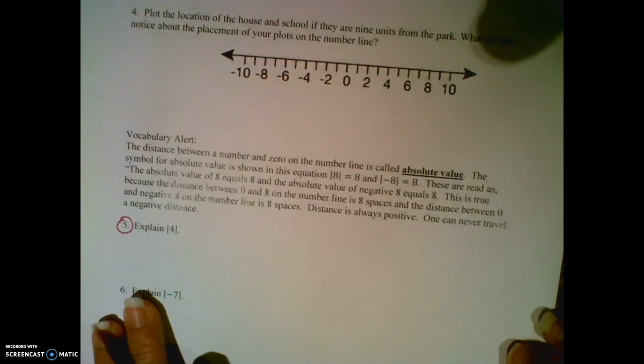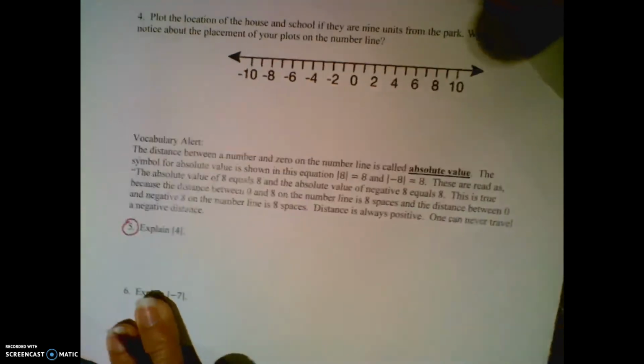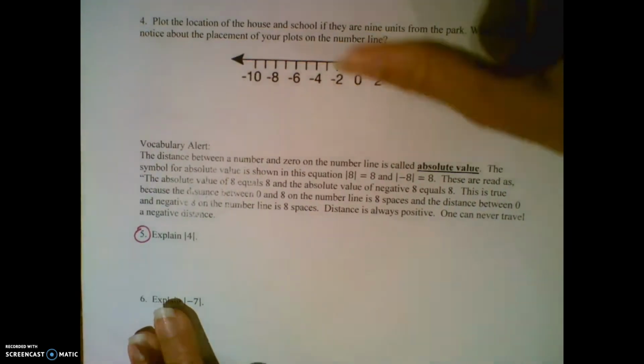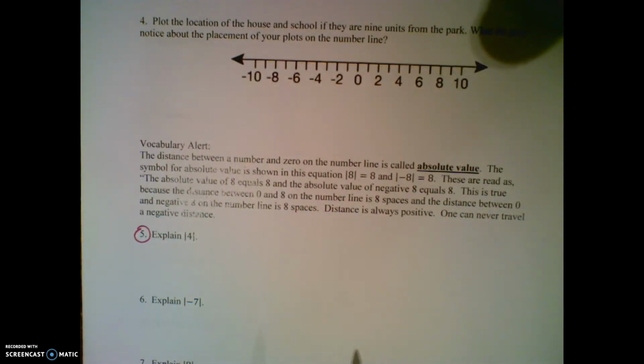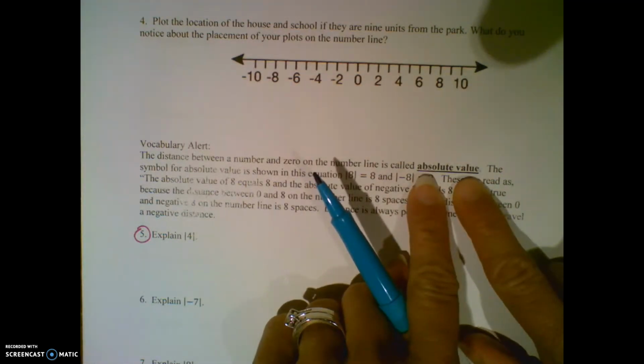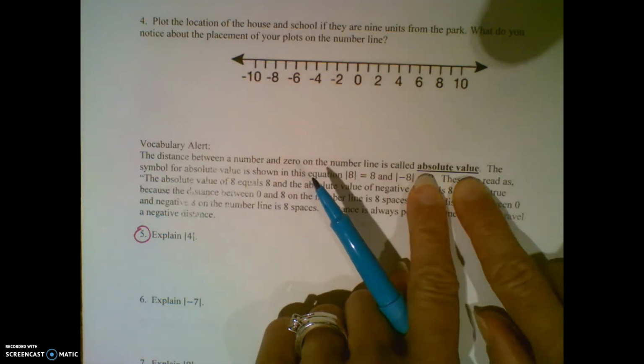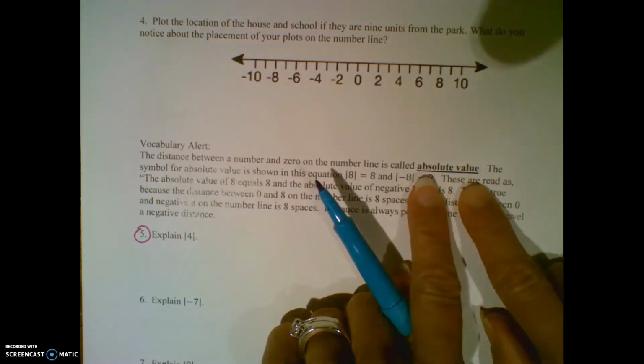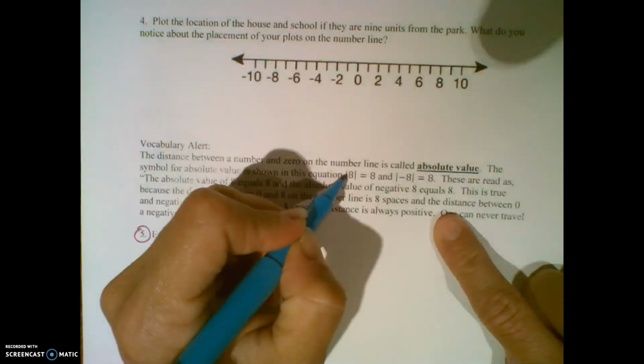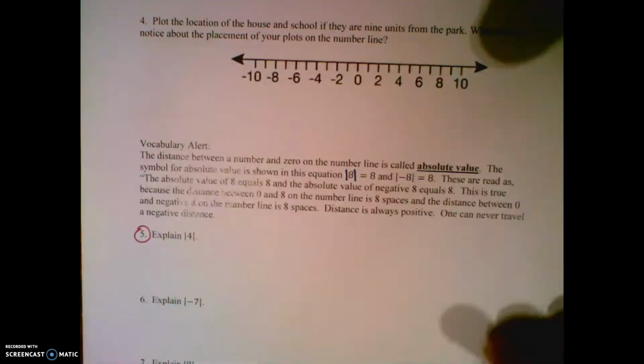And here it says there's a vocabulary alert, okay? The distance between a number and 0 on the number line is called the absolute value, and we just watched a video on that, so that should be very fresh in your mind. The symbol that shows absolute value, again, review, is these 2 vertical lines on either side of a number.